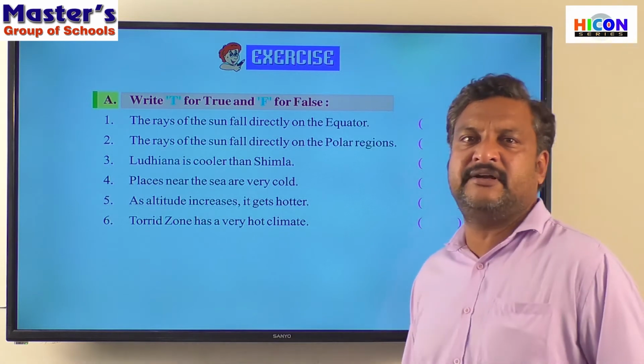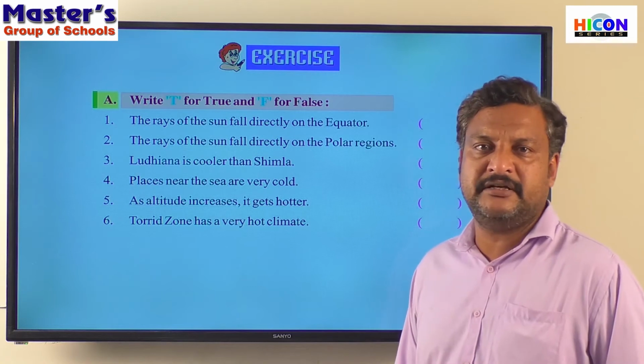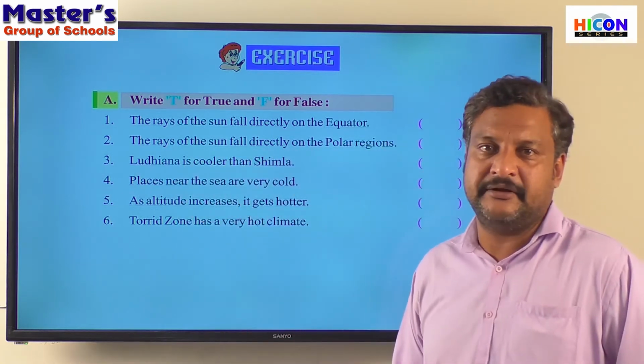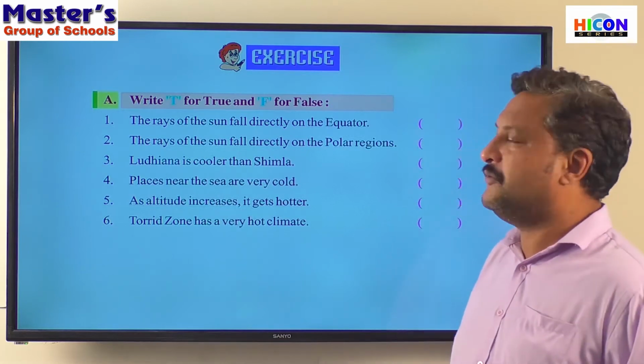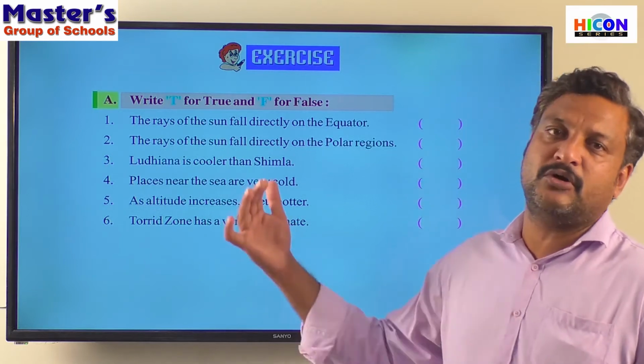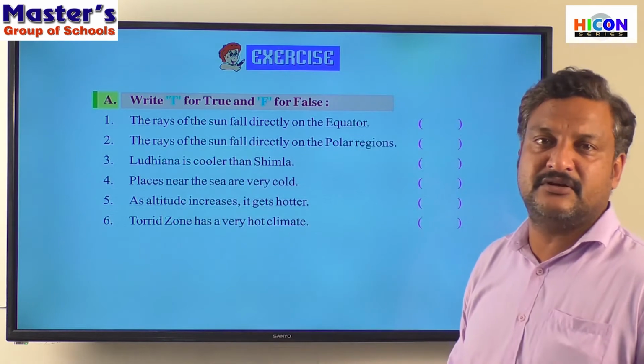Does the sun rays fall directly on the polar region? No, isn't it? Yes, it's slanting. Isn't it? Yes, the sun rays, when they fall on the polar region, are more slanting than the straight ones that the equator receives.